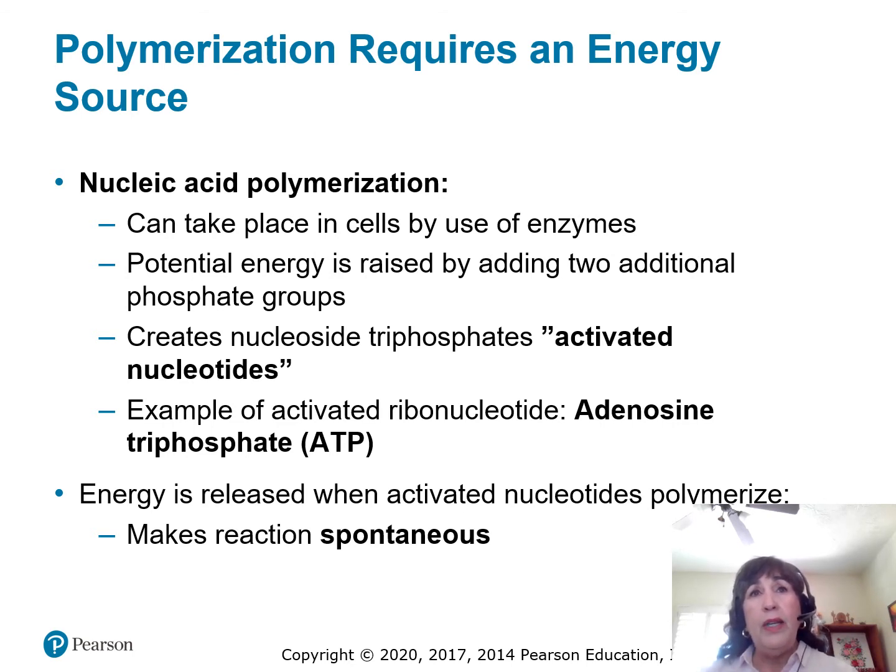They're not really nucleotides, they're nucleoside triphosphates, meaning each has a triphosphate tail. In other words, it is activated. So we can say that a nucleoside triphosphate is an activated nucleotide. The most famous activated nucleotide of all time is ATP, adenosine triphosphate. That triphosphate tail gives energy to the building block.